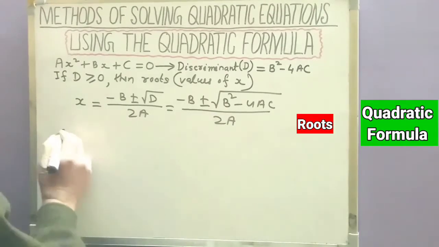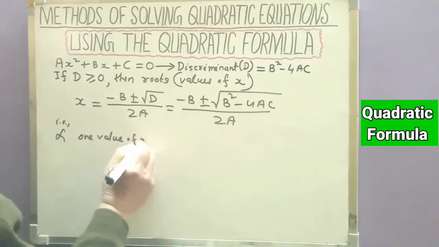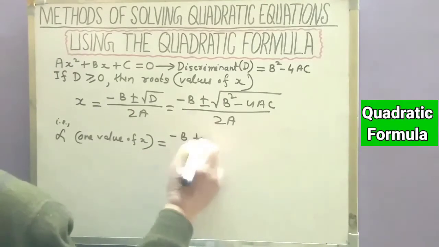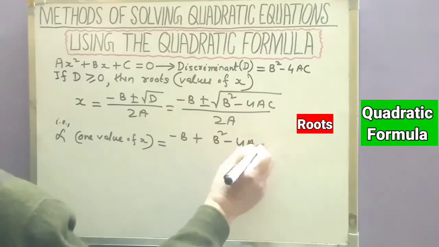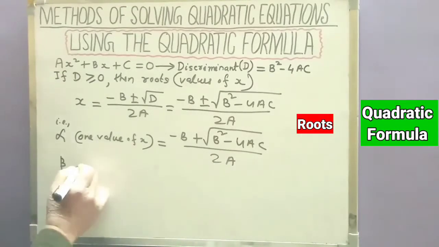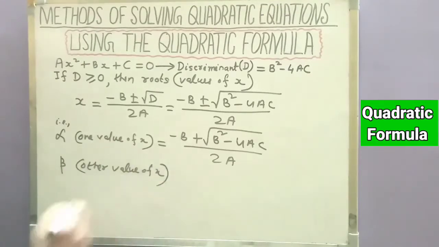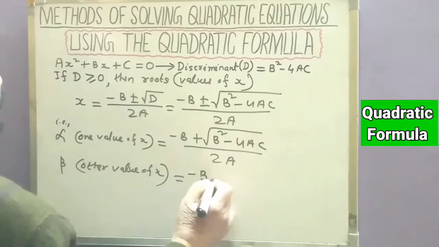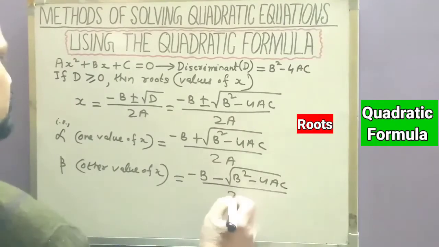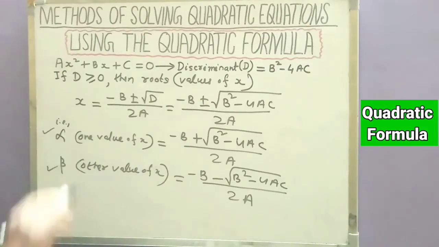That is, alpha, means one value of x, equal to minus b plus square root of b square minus 4ac upon 2a, and beta, the other value of x, equal to minus b minus square root of b square minus 4ac upon 2a. Thus, these are the two values of x.